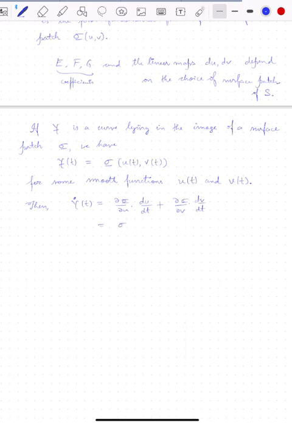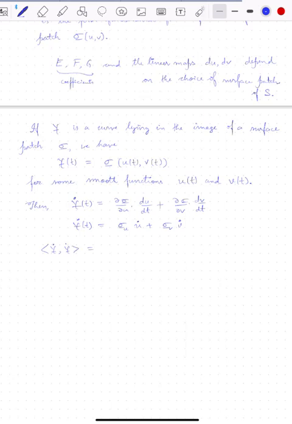So this will be just sigma u vector u dot plus sigma v v dot. And mind you, this gamma dot t is expressed in the basis vector of the tangent plane, T_P S.